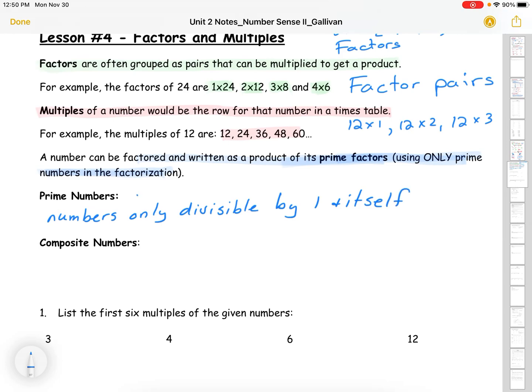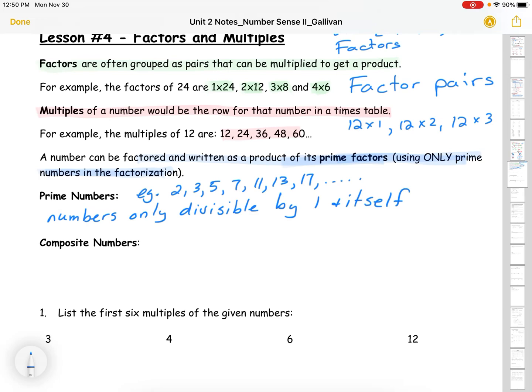So we might have 2, 3, 5, not 4 because 4 also has 2 as a factor, not 6 because 6 has 3 and 2 as factors, but 7, not 8, not 9, not 10, but 11, not 12, but 13, not 14 because 2 and 7, not 15 because 3 and 5 are factors of 15, not 16 because 2, 4, 8 are factors of 16, but 17, etc.